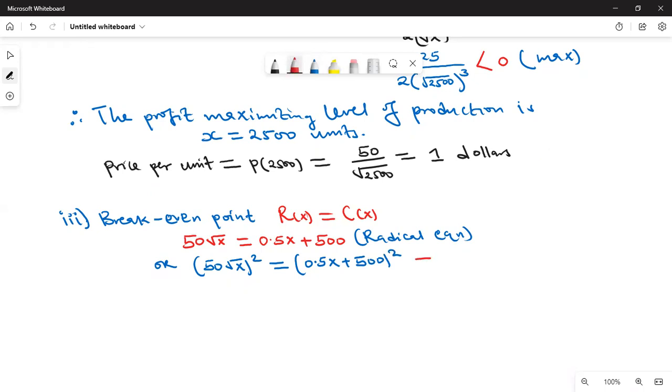So this means when you square 50, you get 2500x.